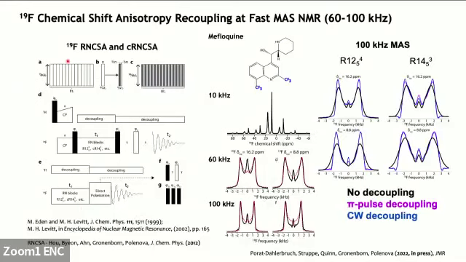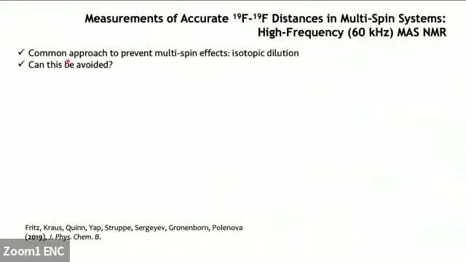One thing to point out is that even spinning at 100 kilohertz MAS with 2 combinations of symmetry numbers, you can get nicely recoupled line shapes, but this is what happens without decoupling. You see substantial broadening, and as the result, a lot of errors in the derivation of the CSA tensors.